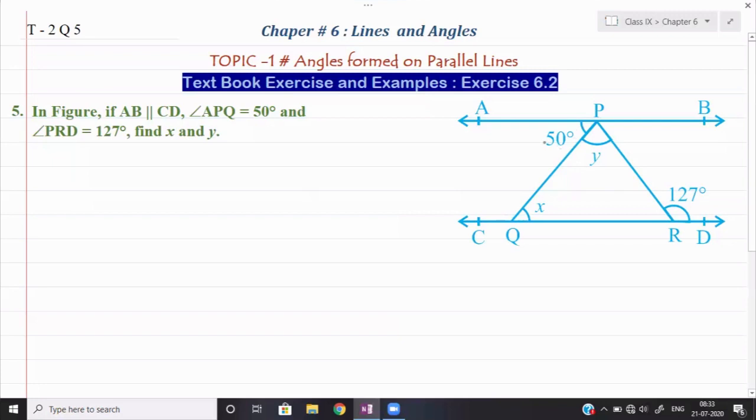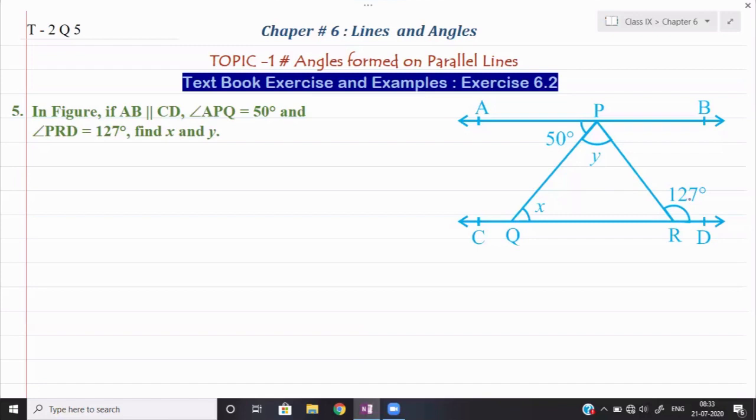And angle PRD is 127 degrees. They are saying these two angles are 50 and 127 degrees. Then find the value of X and Y. X and Y are also angles in the given figure, whose values we need to find.